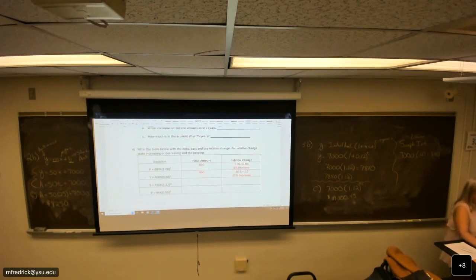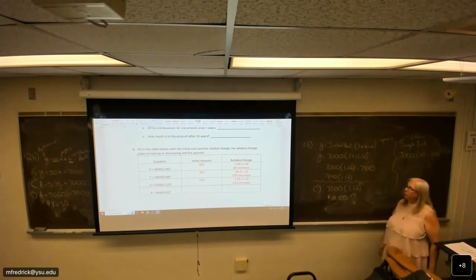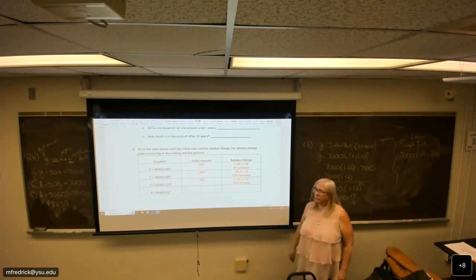What's the initial amount for the next one? 550. And is it an increase or a decrease? Increase. By how much? 22%. Positive, so there's an increase, multiplying that by 100, there's a 22% increase. Any questions? What's the initial amount for the last one?